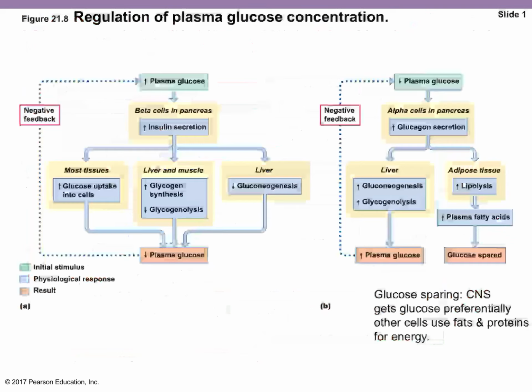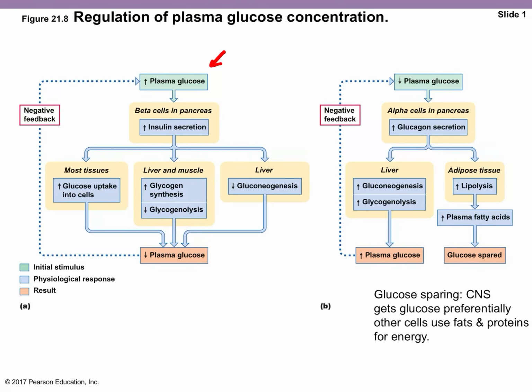And then this is your textbook's flow chart in terms of negative feedback. So this should make a lot of sense at this point. We can start here with our initial stimulus of high plasma glucose levels. Coming into the beta cells of the pancreas, it will increase your insulin secretion. In most tissues, it's going to help glucose uptake into the cells by that GLUT4 transporter. Muscle and liver, they're also going to take in more glucose.